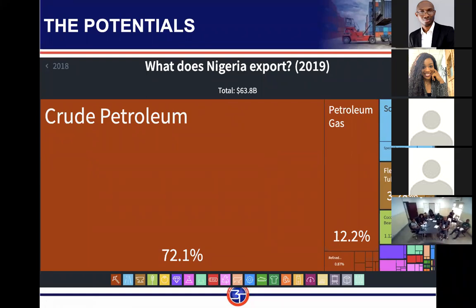AfCFTA has the potential to change the narrative in Nigeria, the narrative of the one-sided monocultural economy that we are running. Because the products with potential under AfCFTA are manufactured goods.